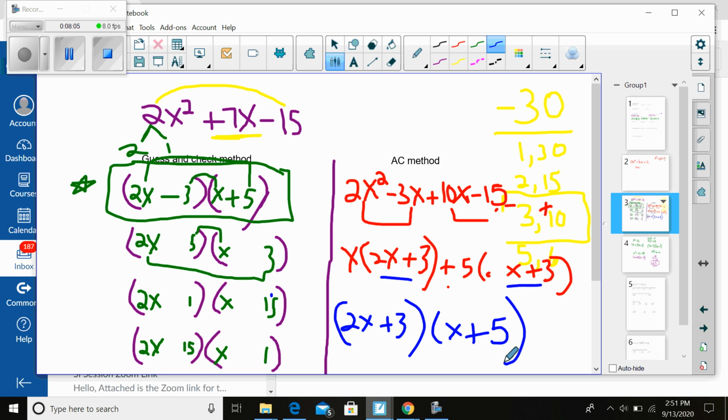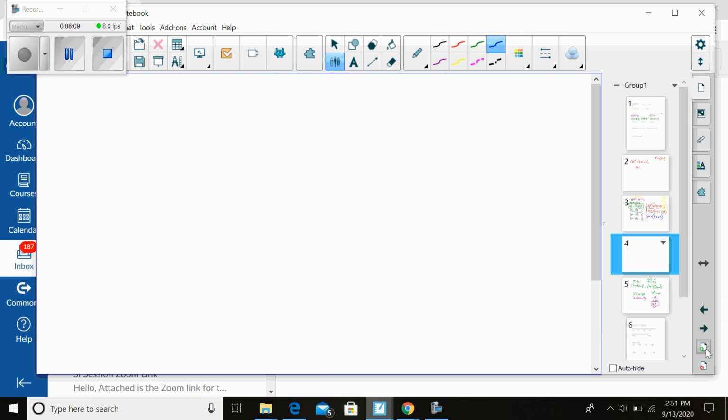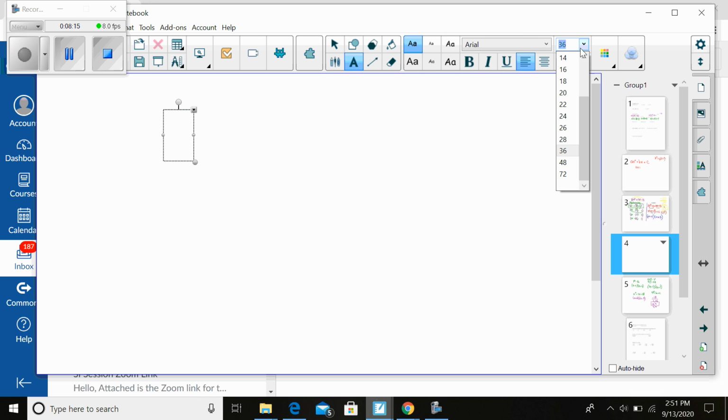All right, so let's do one more together, and then I'll have you try the middle one on your own. Maybe a text box would be a little more efficient for me as I'm typing. So let's look at letter F, which is 5x squared minus 14x minus 3.